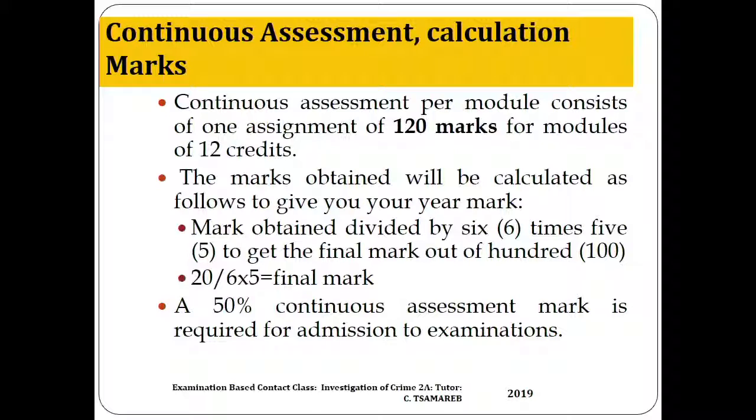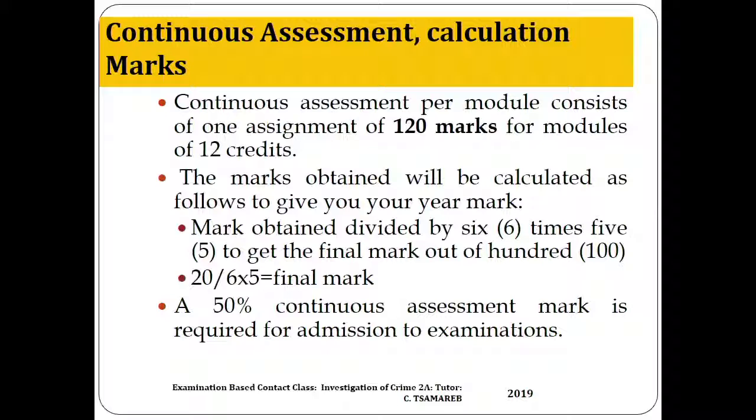Your continuous assessment and how it's calculated. Continuous assessment for this module consists of one assignment. That is a compulsory assignment that counts 120 marks. The marks obtained in the assignment will be calculated as follows: the mark divided by 6 times 5 will give you the final mark out of 100.